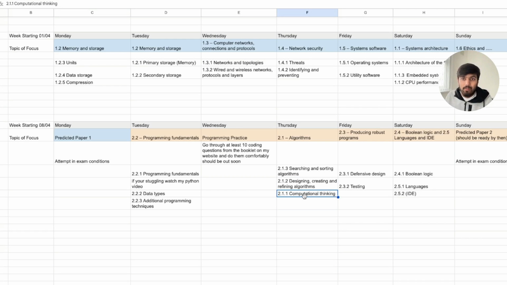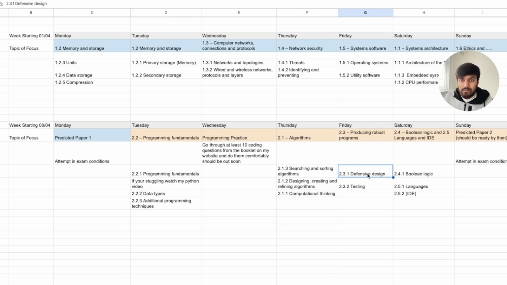This means algorithmic thinking, abstraction and decomposition. These are the 3 main ones you gotta know. This again should take you maybe 1.5 hours because it is a longer topic. But paper 2, you have to focus on it. You can't just get away with getting grade 9 in paper 1 and getting grade 2 in paper 2. Make sure it's balanced.